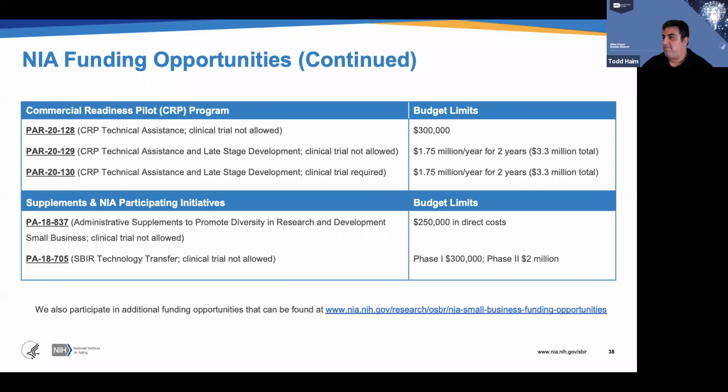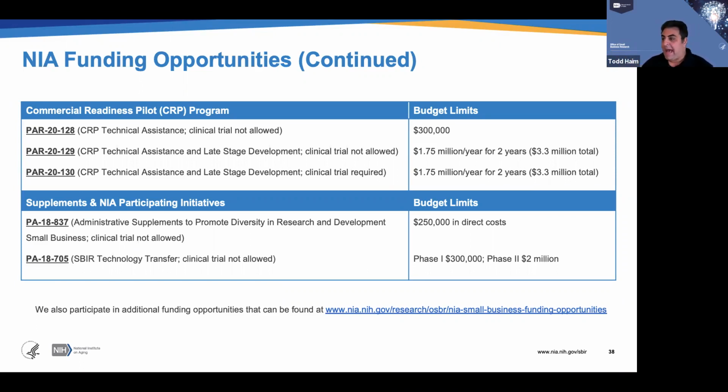Next slide. NIA funding opportunities continued, with a table listing budget limits for the CRP program, along with supplements and NIA participating initiatives. One thing that Chhanda mentioned is the Commercial Readiness Pilot Program, the CRP. Once you get the phase 2 funded, this is a new program we rolled out to help pay for activities that would facilitate transition to the clinic and or commercialization.